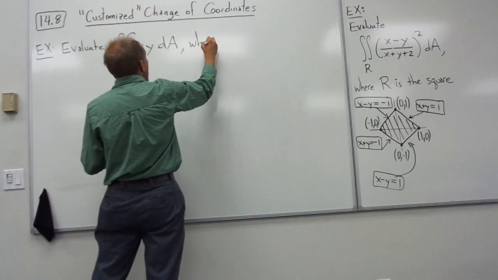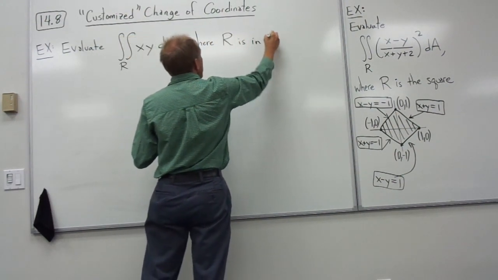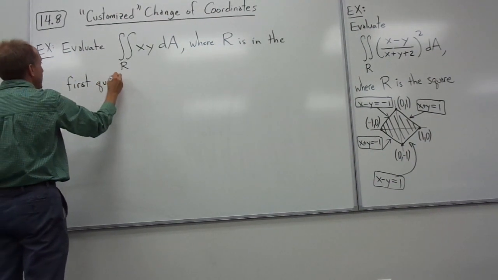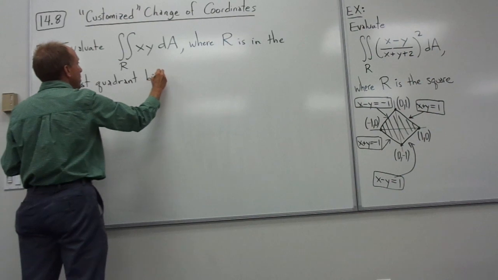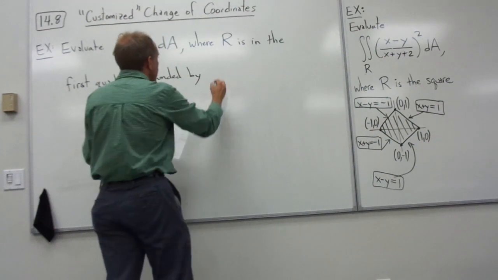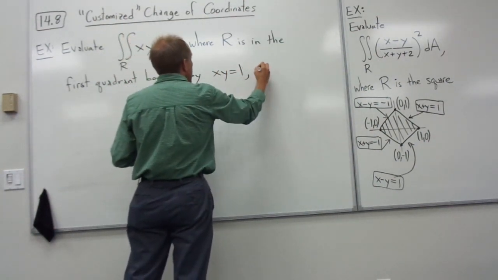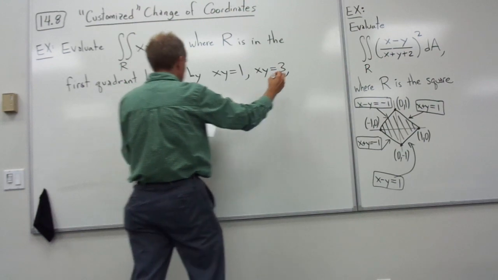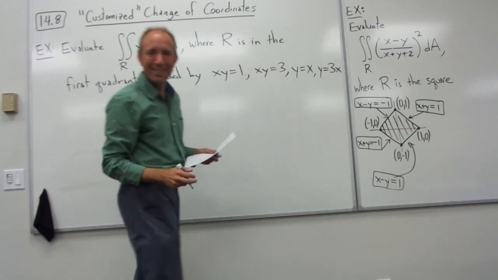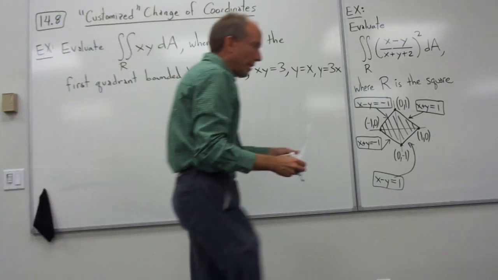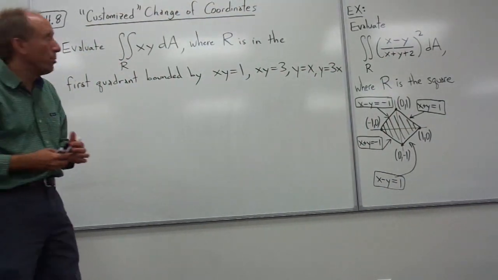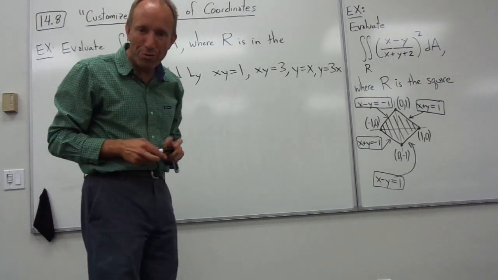Where R is in the first quadrant, bounded by the following equations: xy equals 1, xy equals 3, y equals x, and y equals 3x. Okay? So let's see if we can do this double integral by changing variables to a customized set of coordinates.